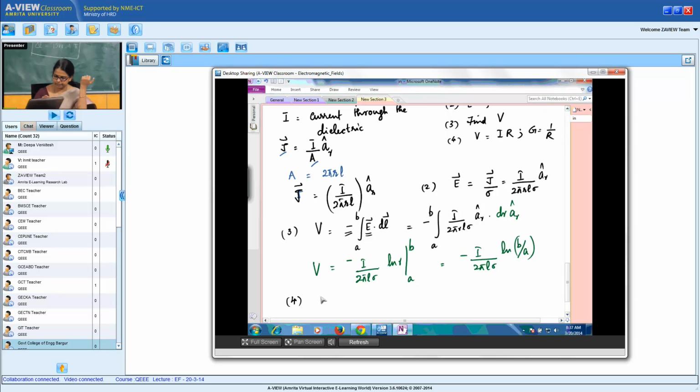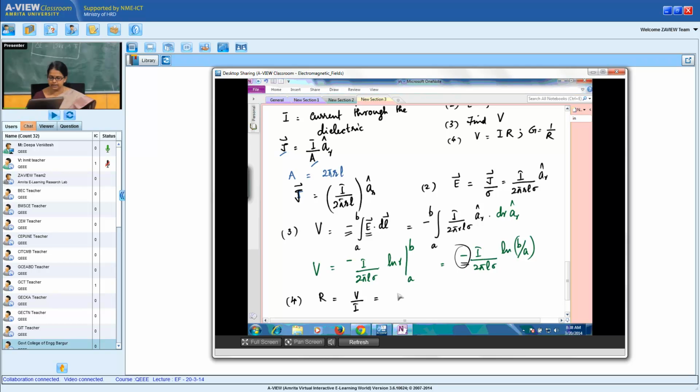And the last step is to find out resistance, which is V over I. I don't worry about the sign here. As I said, when I calculate resistance, I don't say it's negative resistance, right? I don't worry about the sign because the sign only indicates whether the work is done by the field or against the field.